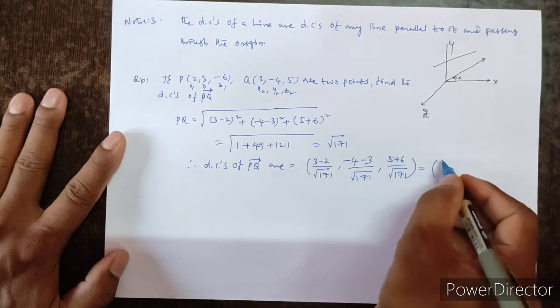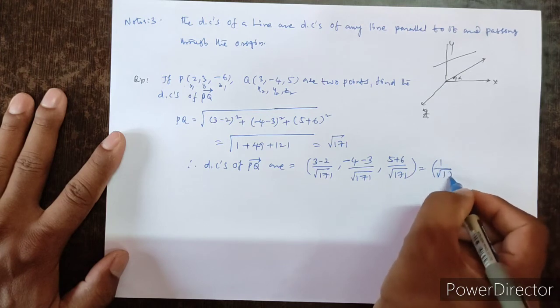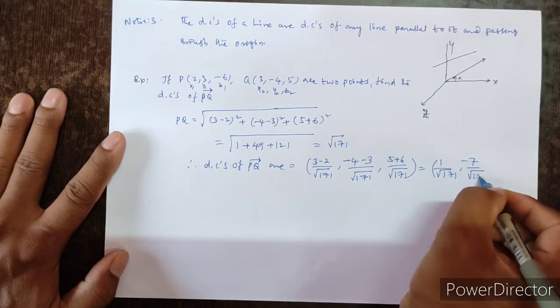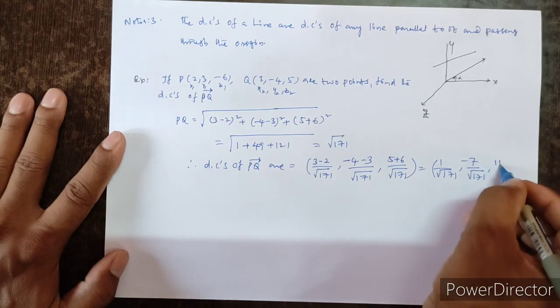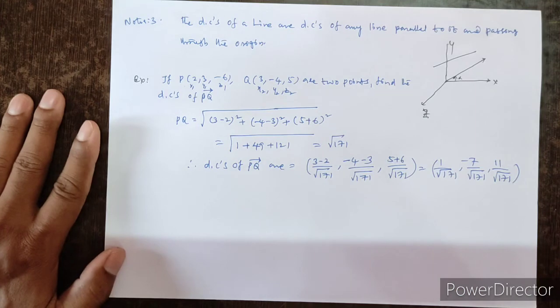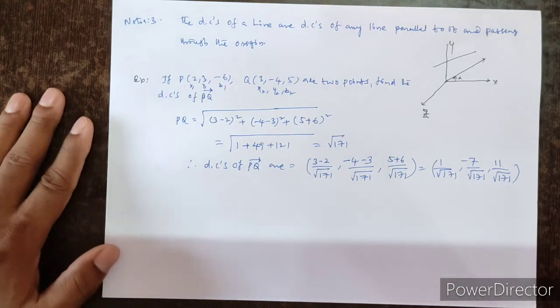That equals 1 by root 171, minus 7 by root 171 and 11 by root 171. So these are the direction cosines.